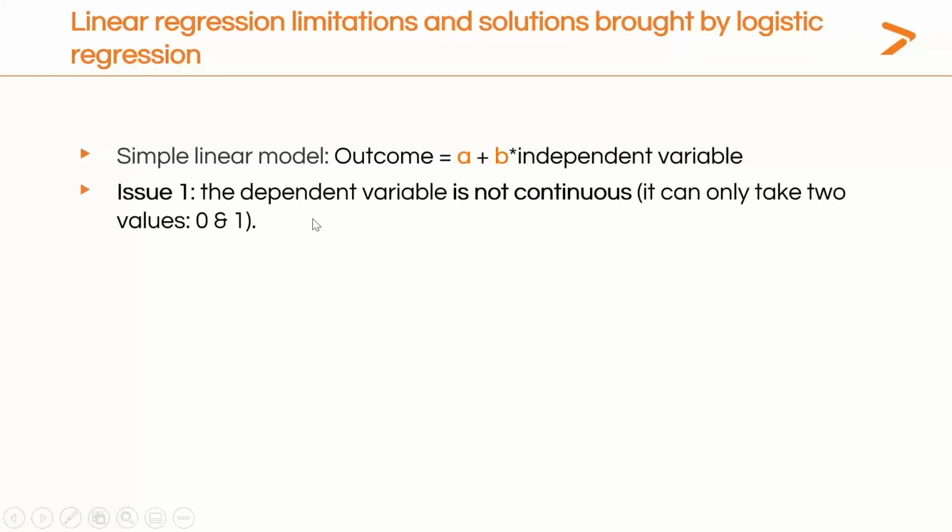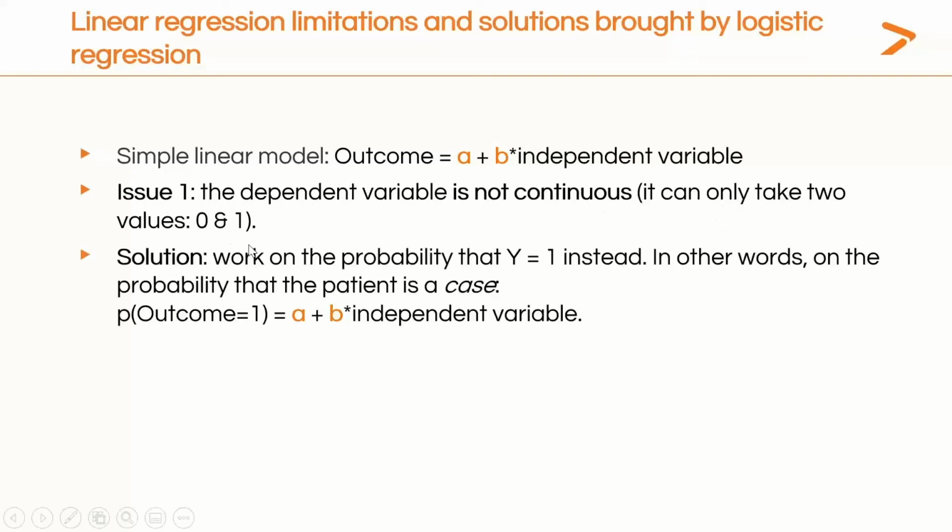the first issue is that the dependent variable is not continuous. So it can only take two values, 0 and 1. One solution would be to work on the probability that y equals 1 instead. In other words, on the probability that the patient is a case or the patient is diseased.